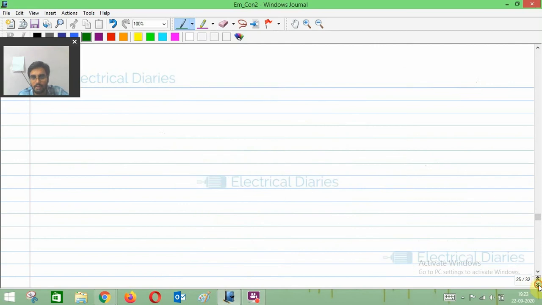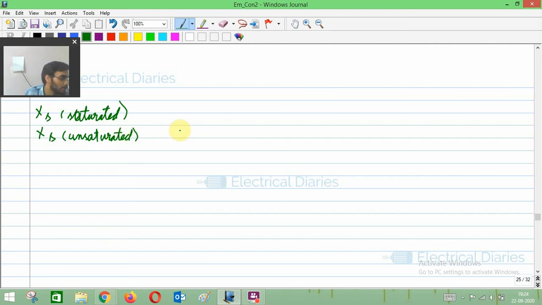Now the questions are usually formed from the topic where you have to find your excess saturated and excess unsaturated. You might have to find these things in any question. So now for excess saturated, you see the previous curves. I will draw those curves here.